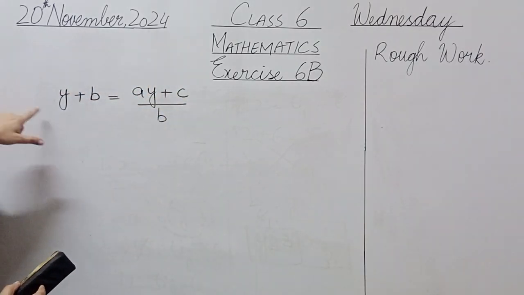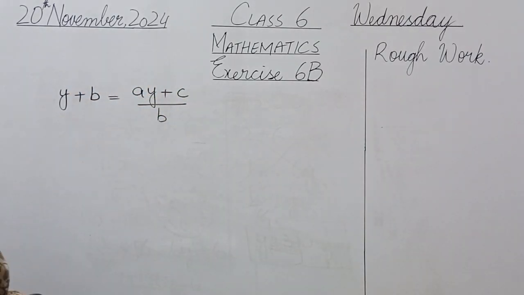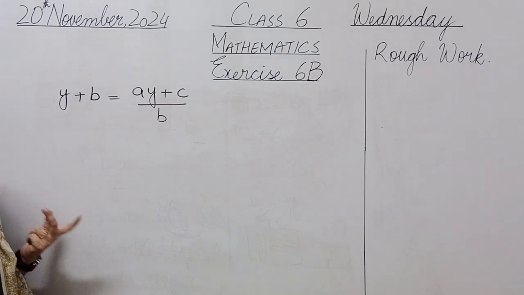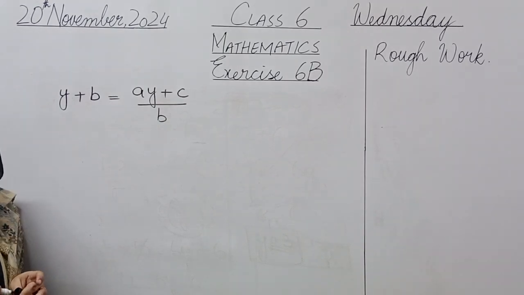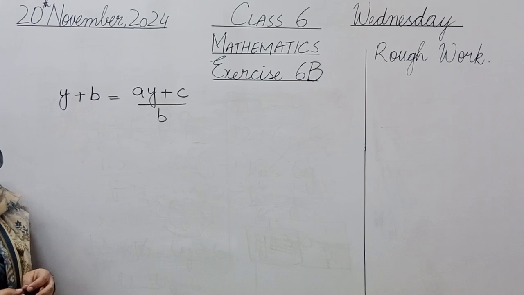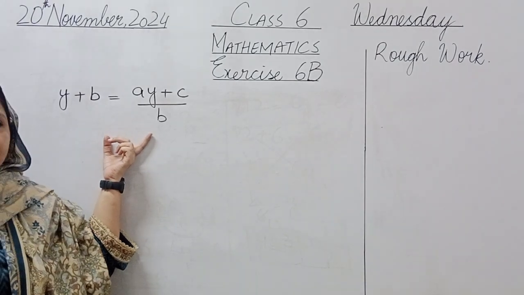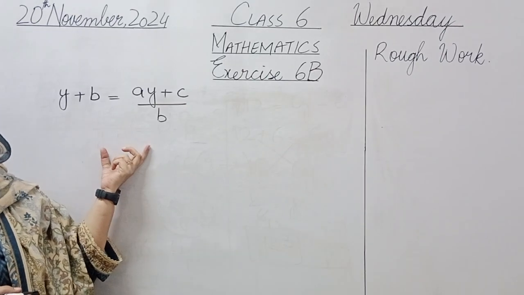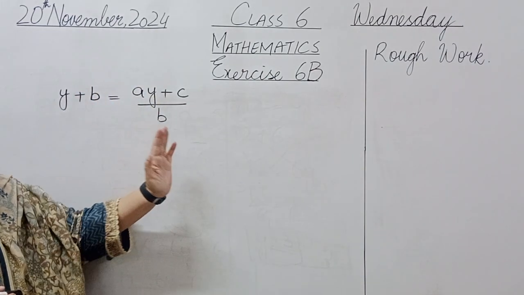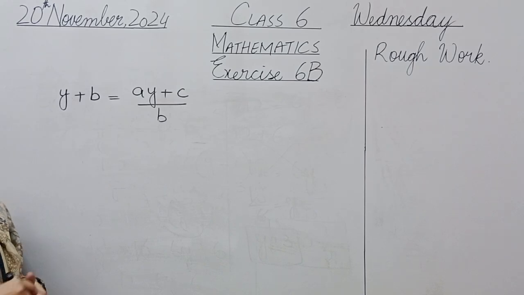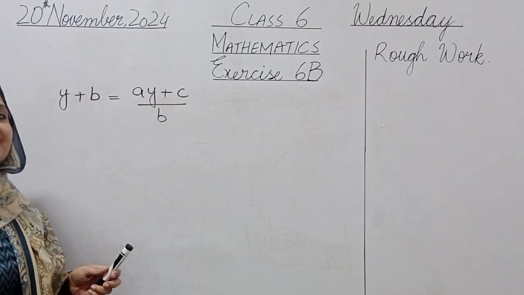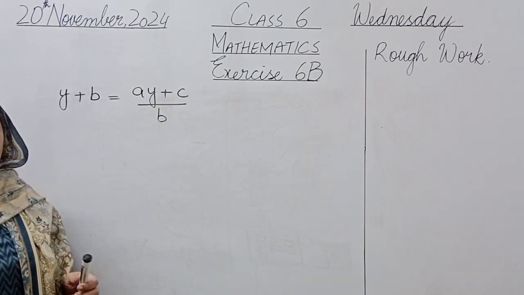Now tell me, what is different here? They all are variables. Exactly. Very good, Aima. They all are variables. These are alphabets, these are variables. Numbers are constants. Do you find any constant here? No. They are all variables. It means that their value will change.